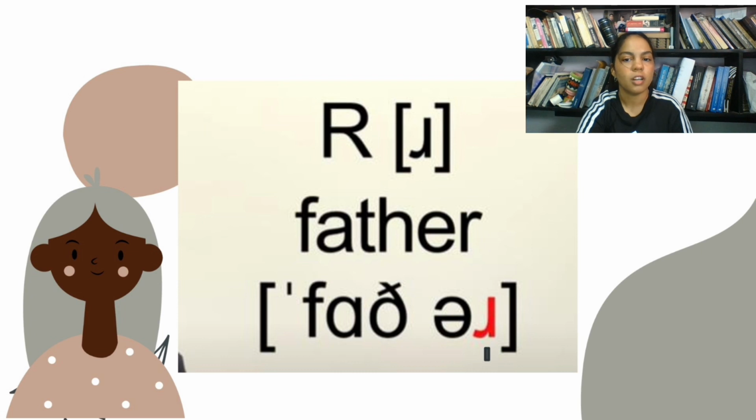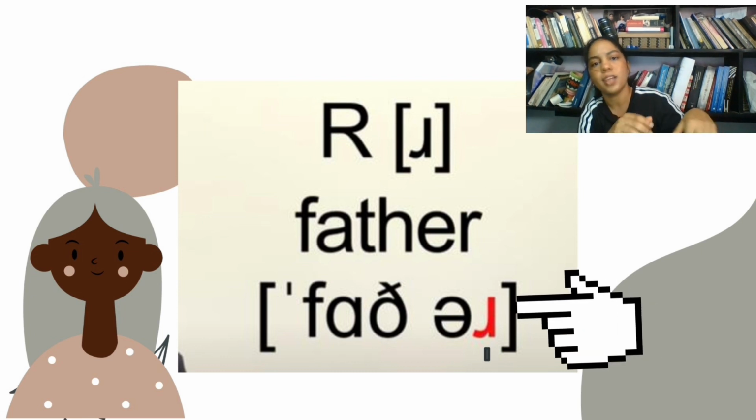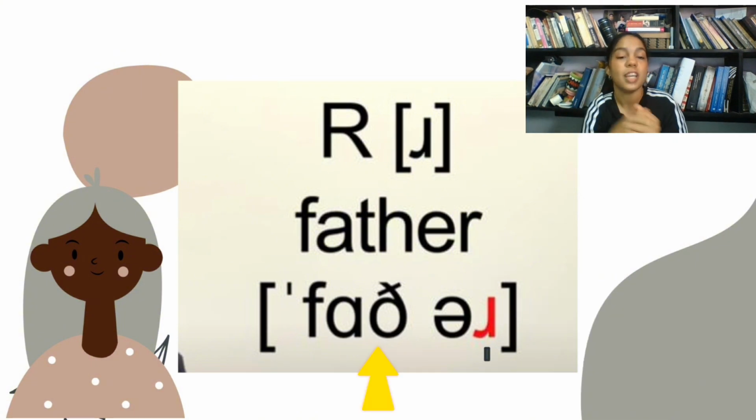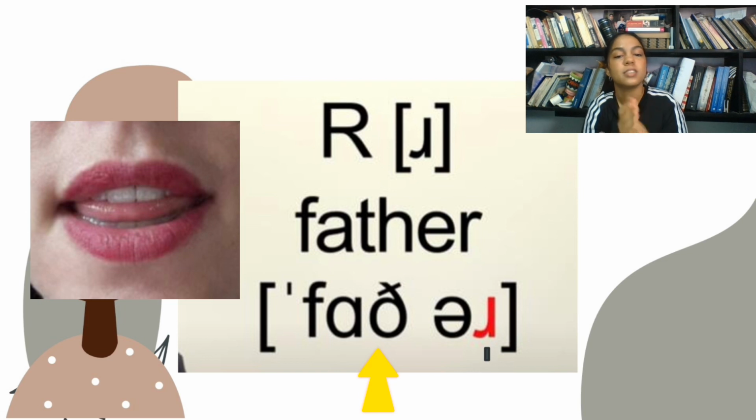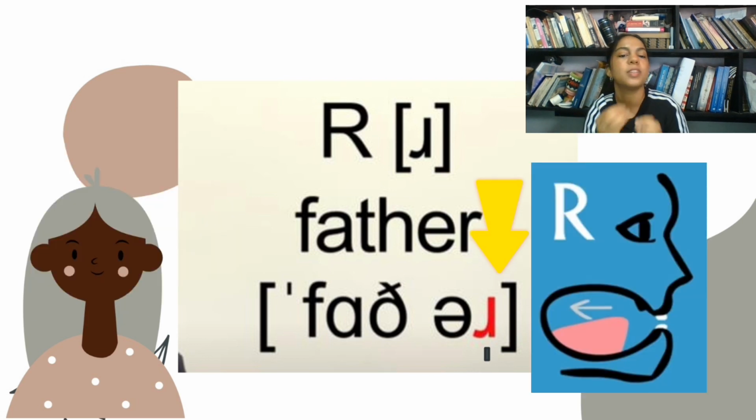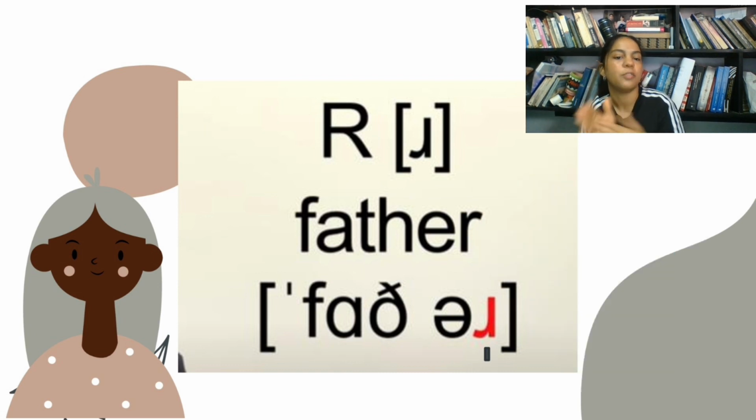Let's start with the R consonant and the simple word father. This is how it looks in IPA, as you can see in the slide. The tongue position for the TH is with the tip through the teeth, and the position for the R is with the tongue tip pulled back. The tongue position for the schwa sound is the tongue tip down, lightly touching the back of the bottom front teeth.